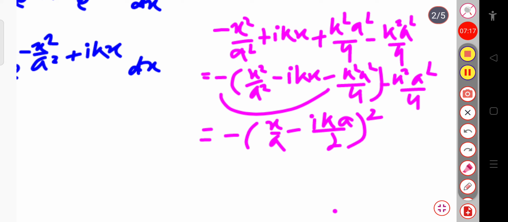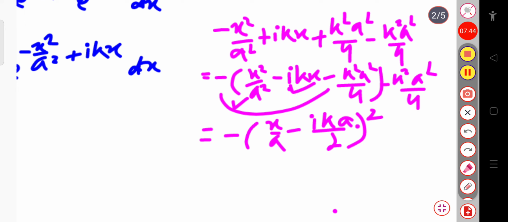Then the square of x by a, this is in the form of a minus b whole square. So x by a whole square will be x square by a square, again minus 2ab, minus 2 into x by a into ika by 2. Then this 2 gets cancelled, and a gets cancelled, then iota kx will remain, the second term is complete.